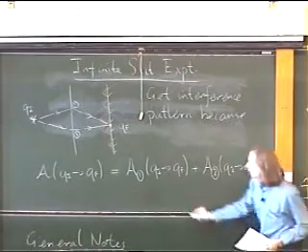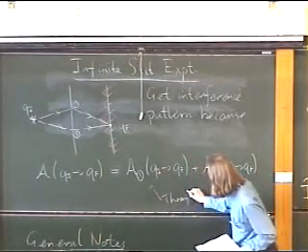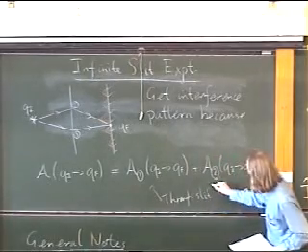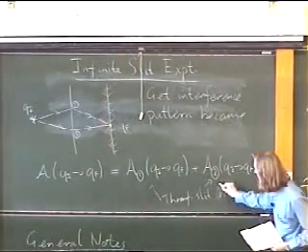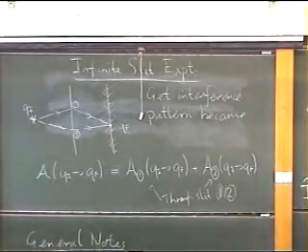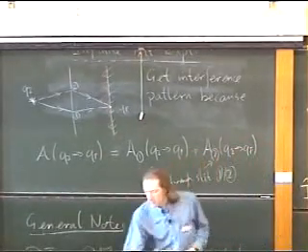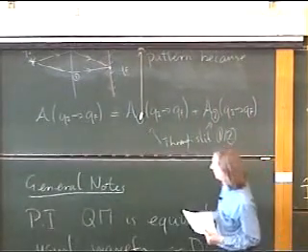Okay, so this means the 1 or the 2 is going through slit numbered 1 or numbered 2. And okay, you remember the diagram.